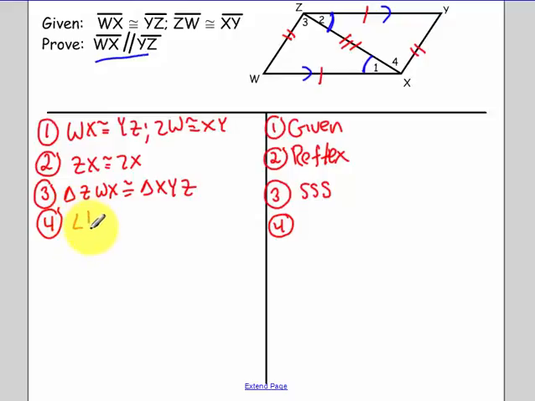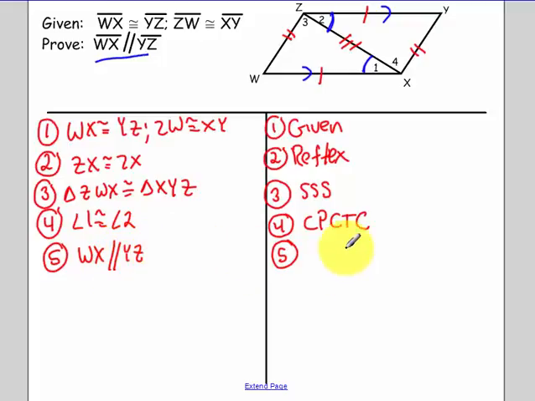So angle 1 is congruent to angle 2 by corresponding parts of congruent triangles are congruent. And then because I have angle 1 and angle 2 are alternate interior angles, I can say WX is parallel to YZ by alternate interior angles congruent is going to give me parallel lines.